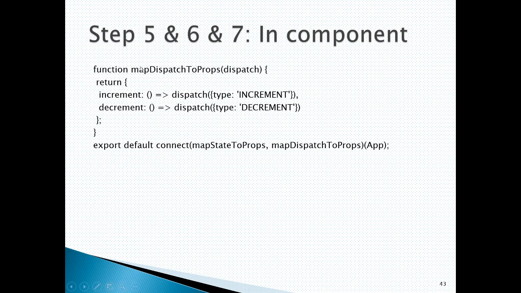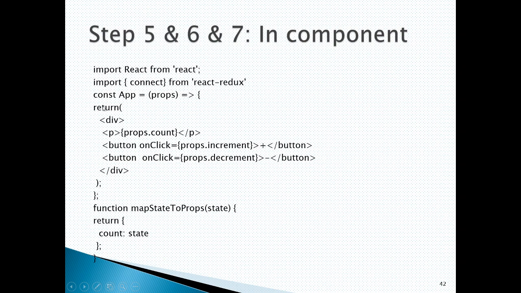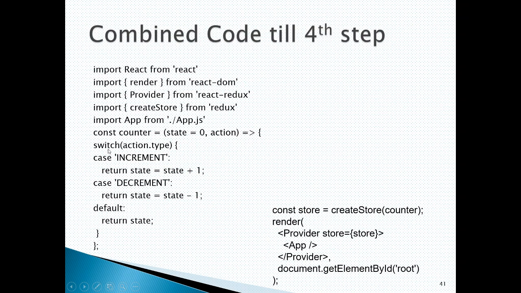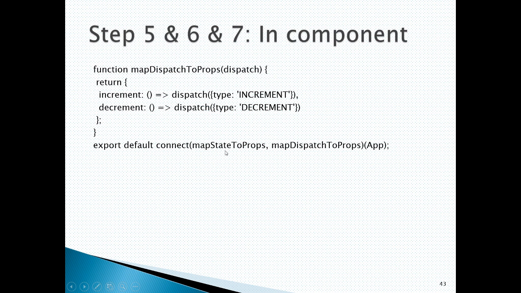Then using this function we have called the action. Like increment, we have dispatched and provided the type increment. Dispatch will call this function and will see the type, and accordingly will perform and provide us the state.